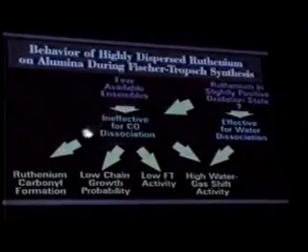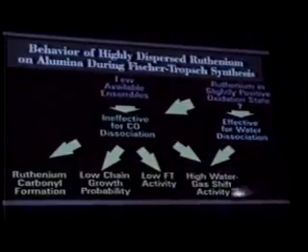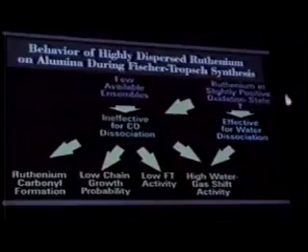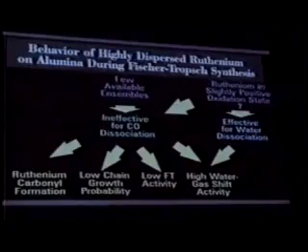Ineffectiveness for CO dissociation and effectiveness for water dissociation would show why high water-gas shift activity is obtained with highly dispersed ruthenium, but not with 30-70 angstrom ruthenium particles on alumina, which are metallic in character, do not form ruthenium carbonyl, have high chain growth probability, high Fischer-Tropsch activity. Thank you very much for your attention.